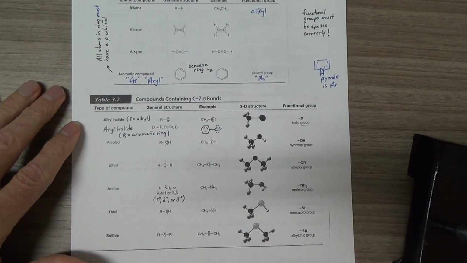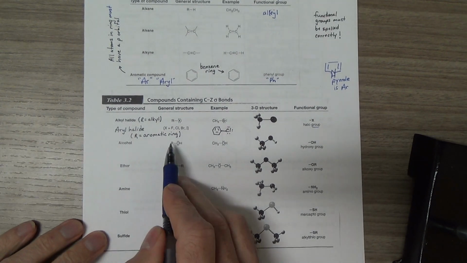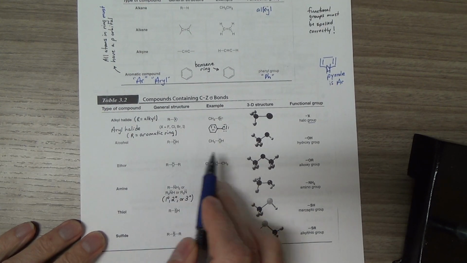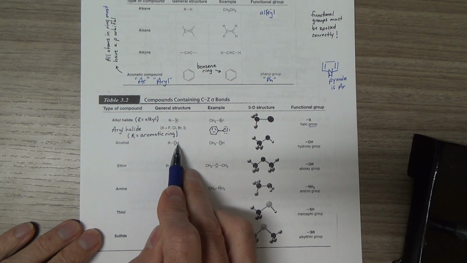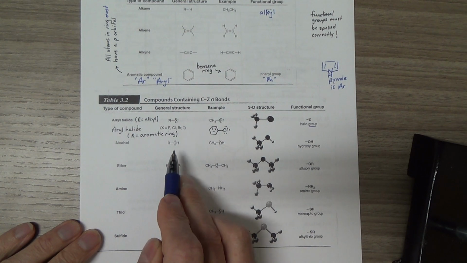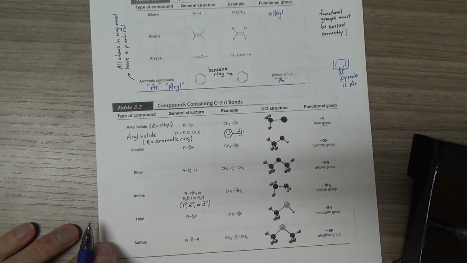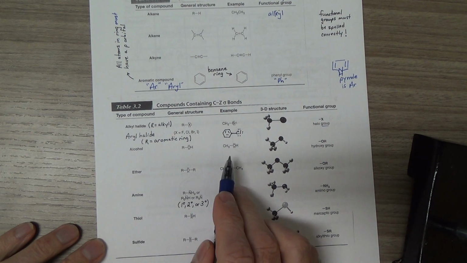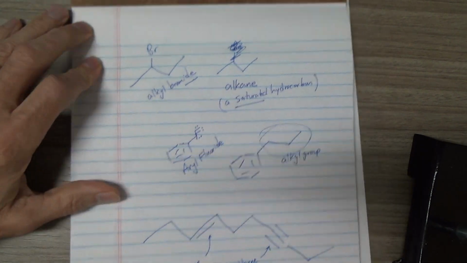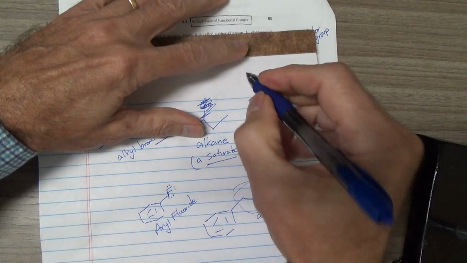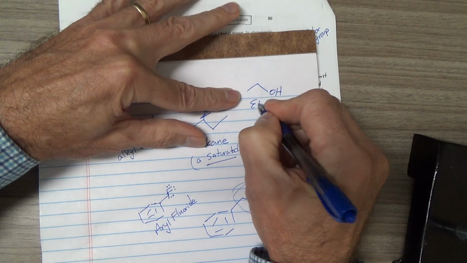Okay, so halogen only makes 1 bond, but oxygen makes 2. Now we have 1 R group there, so you've got to have something else. If the other thing is an H, so ultimately this is an R group with an OH, this is your alcohols. All right? And the example given here is methanol. Everybody's pretty familiar with the 2-carbon alcohol, which is called ethanol.